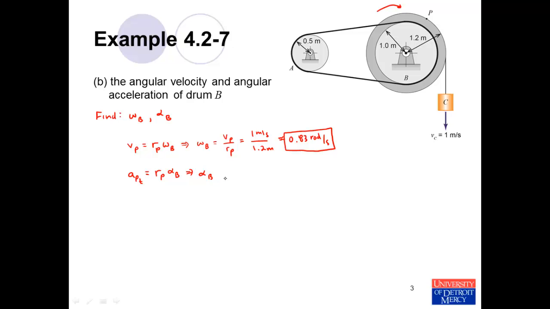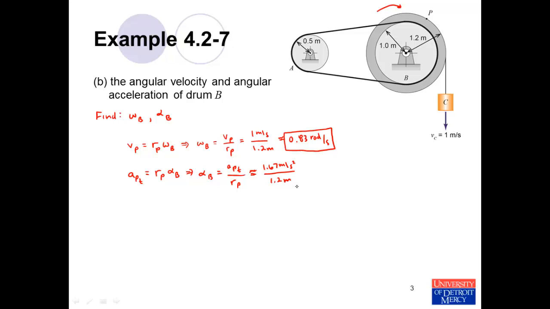So the angular acceleration is equal to the tangential component of the acceleration divided by the radius. The tangential component of the acceleration was approximately 1.67 meters per second squared.